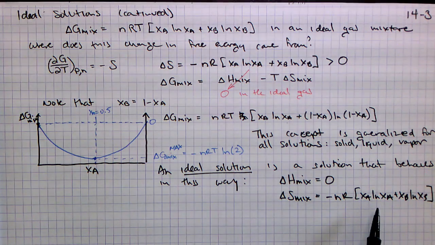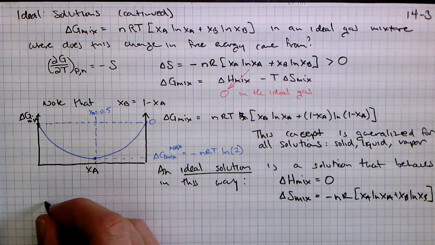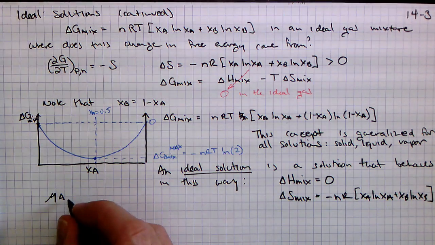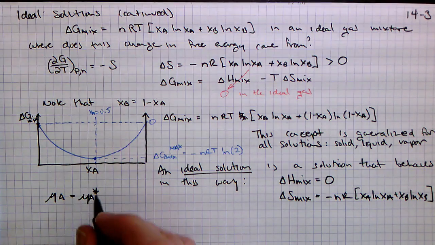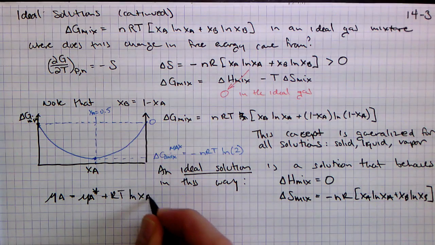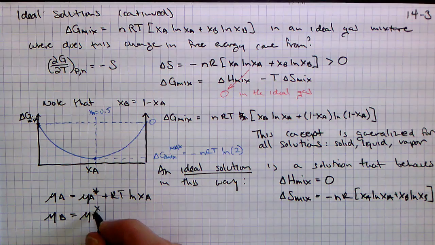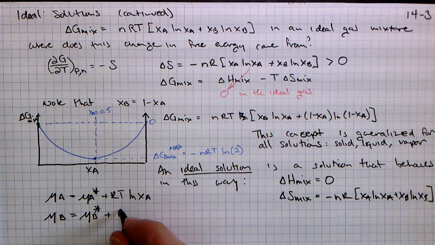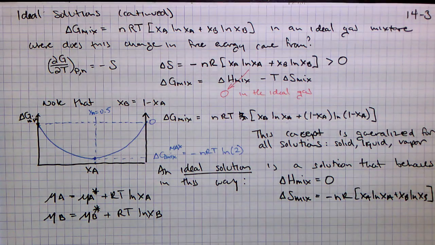And we can see that this follows from the case where our chemical potential of A can be written as the chemical potential of the pure phase plus RT natural log of XA, and our chemical potential of B can be written as the chemical potential of pure B plus RT natural log of XB. And that is our definition of an ideal solution.